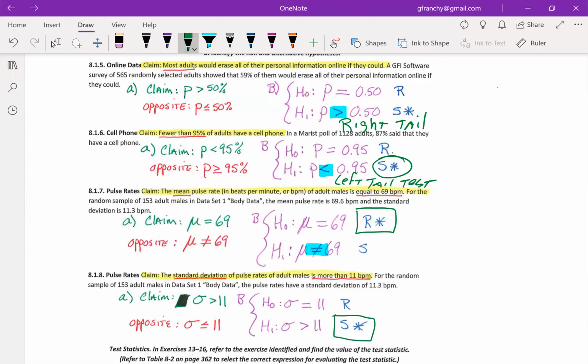The not equal there, that means that that's going to be a two-tail test. And in our bottom one here, it's once again pointing to the right. So that is a right tail test.